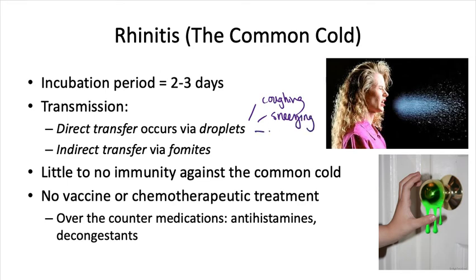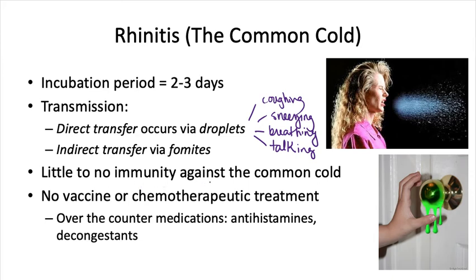Smaller droplets will come through our breath and when we talk to individuals. You can also, if you touch a fomite or an object, indirectly pick up some of those viruses suspended in some respiratory droplets that have not yet dried. And so the cold can be indirectly transferred through fomites.